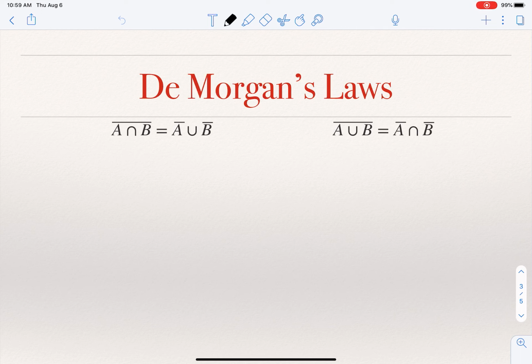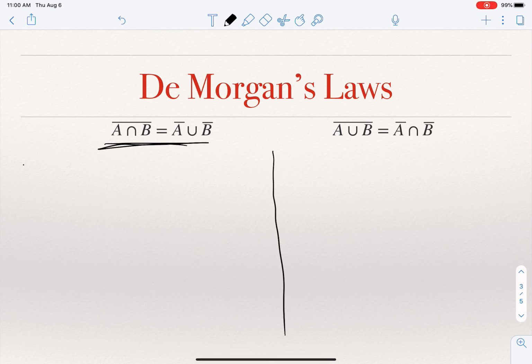One of them says that the complement of the intersection is the union of the complements, and the complement of the union is the intersection of the complements. These are not axioms, these are theorems that we can prove. So for example, how do I prove that the complement of the intersection is the union of the complements? As I said, to prove this result, we have to show two parts.